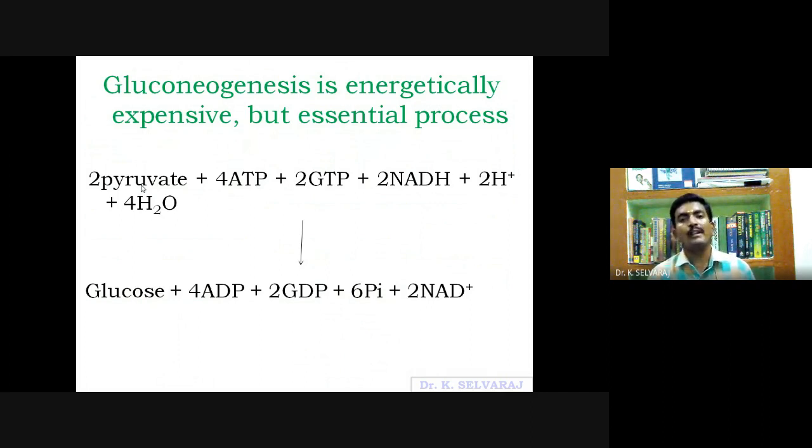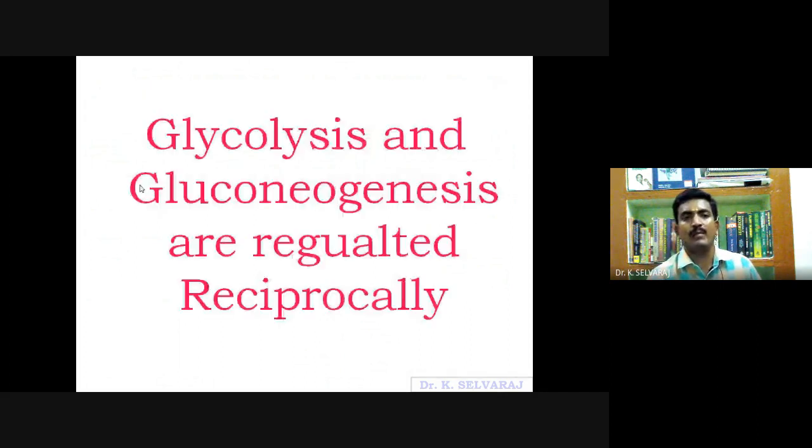If gluconeogenesis did not occur, the cells could not obtain energy during fasting, for example in between meals. Glycolysis and gluconeogenesis are regulated reciprocally.